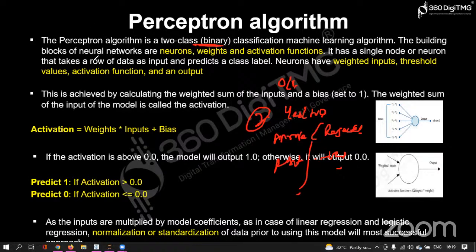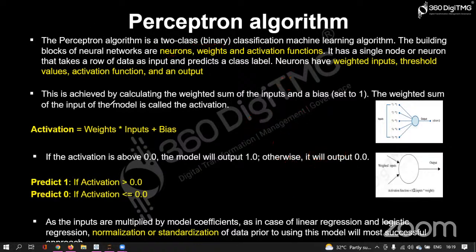The building blocks of neural networks are neurons. The components of neural networks are neurons, weights, and activation function. These are the main building blocks. It has a single node or neuron that takes raw data as input and predicts a class label. So it simply takes the inputs and does the prediction.